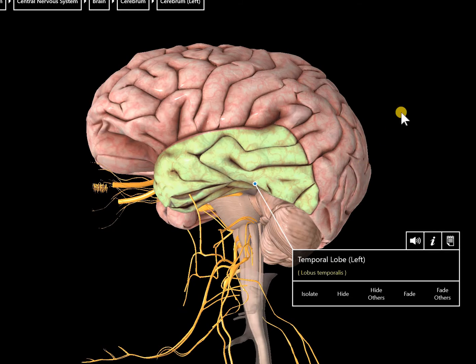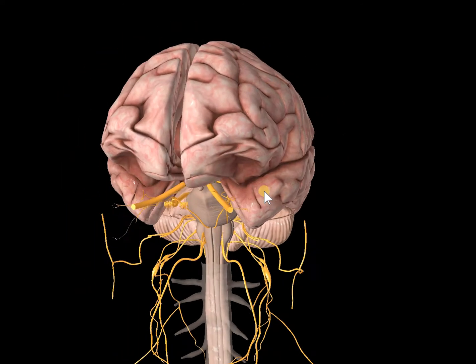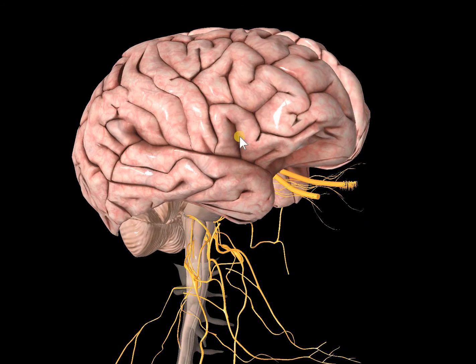The whole structure of the brain that you see here is the cerebellum. Everything you see here on the brain is called the cerebellum.